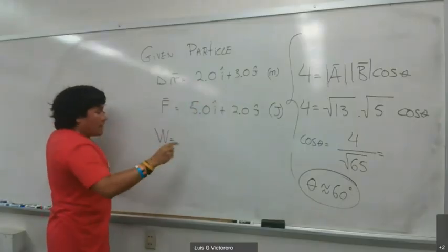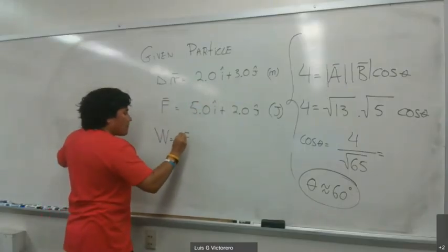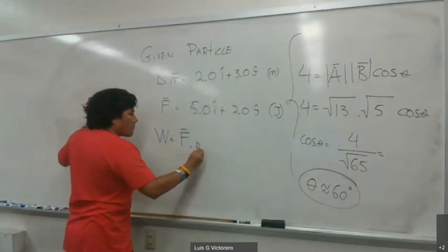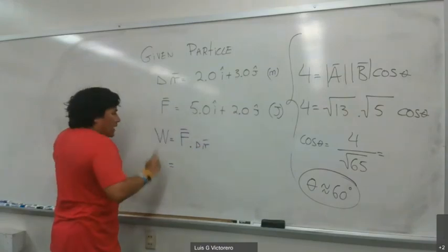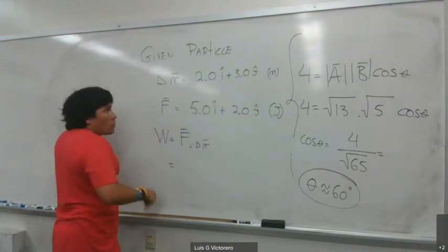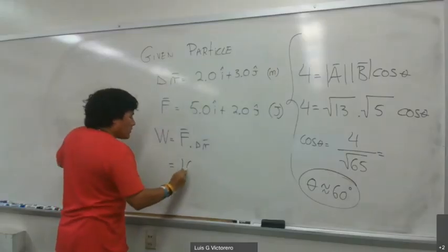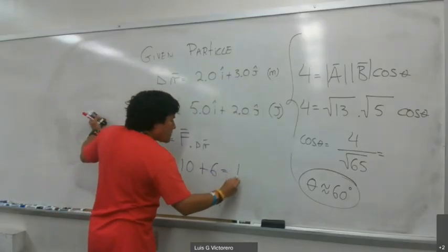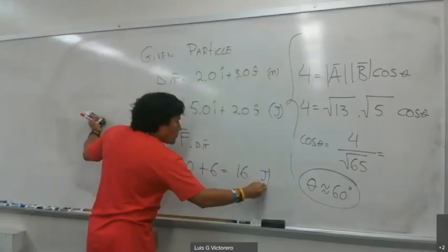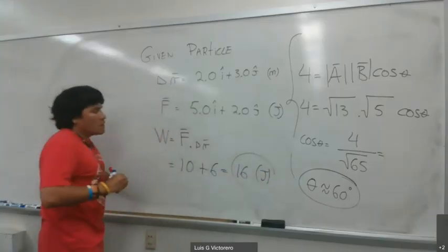If I just use what I did, that's it. Right? In vector form, this is a dot product. 10 plus 6, 16, a scalar.